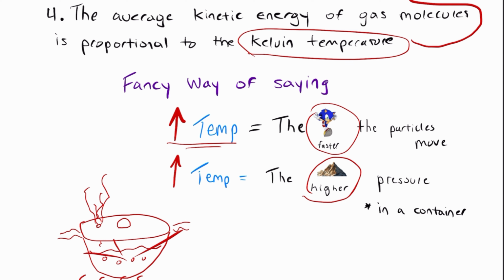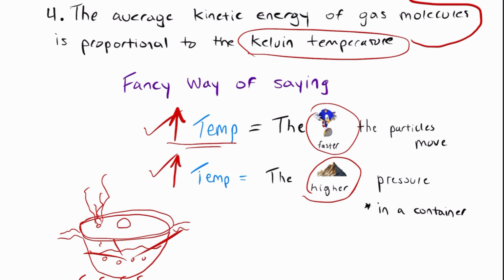That's why you see sometimes the container pot might start jiggling. It's not having a seizure or anything crazy. What's happening is pressure is building up within that container. So increase in temperature, particles move faster. Increase in temperature, pressure gets higher.